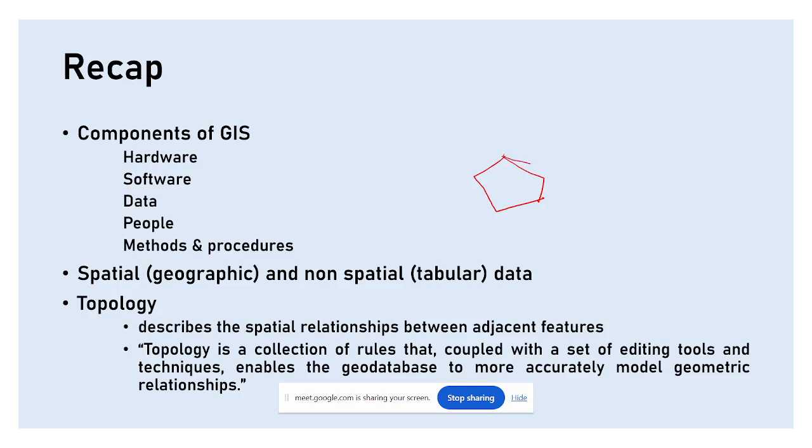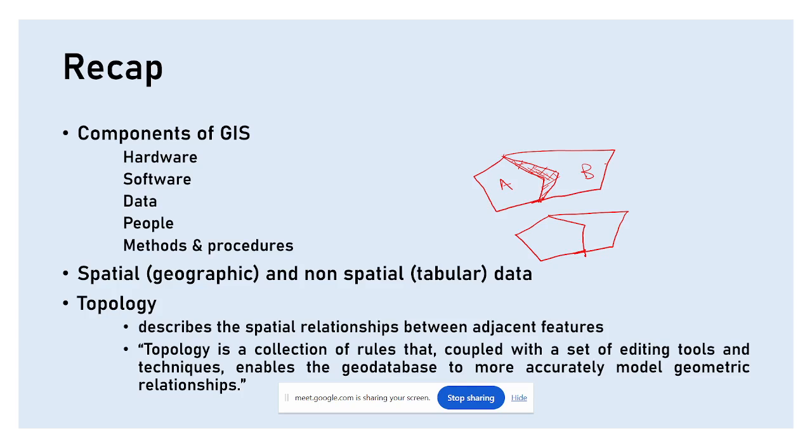If we are not considering the topology, or if this is non-topological data, then let's say A is one feature and B is another feature, and you try to bring them together, you will find such gaps generated. But if you consider the topology, the same thing can be generated in which the boundary is only stored once, so that you don't get another gap, or this gap can also be considered as another polygon. Such confusion will not arise if topology is considered.